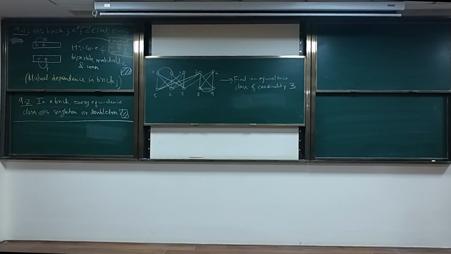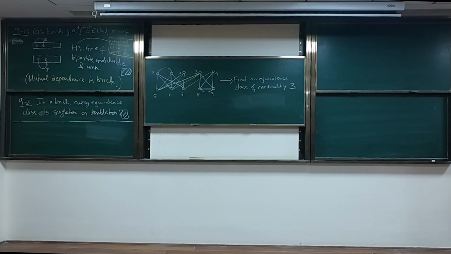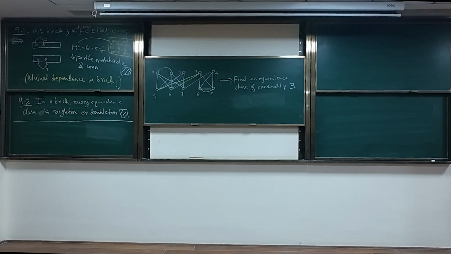Observe that when you delete the 3 edges that you have found, you actually don't disconnect the graph. Is that correct? The graph is still connected. That's one way to see that this must not be a minimal class.